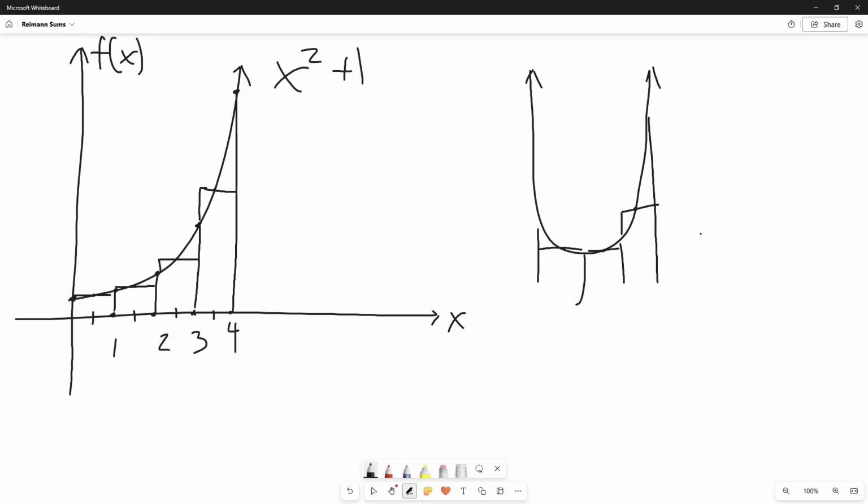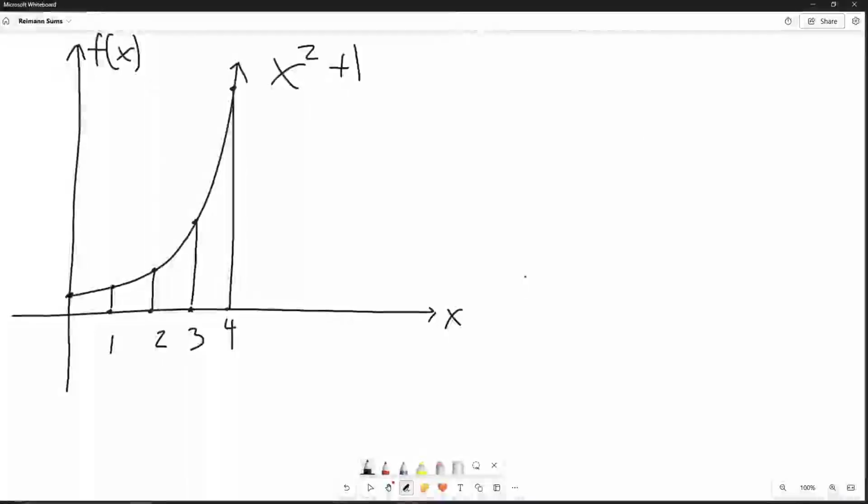It's hard to tell, but it's going to be an underestimate, because when it's concave up, the midpoint is going to lie below the average y value in this interval. That's just how concavity works. So when it's concave up, it's going to be an underestimate, and when it's concave down, it's going to be an overestimate.